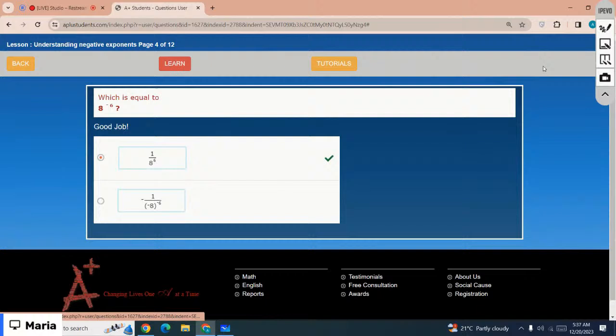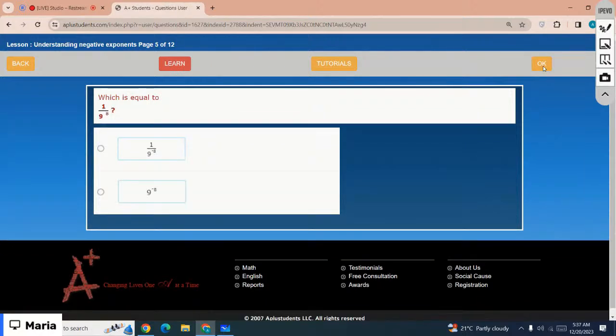You can make the exponent positive, right? Okay, the next one is which is equal to 1 over 9 exponent 8. So which is the correct option?